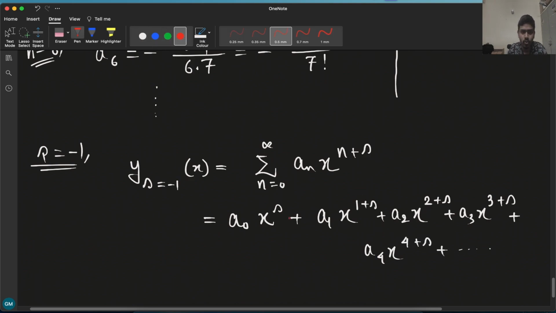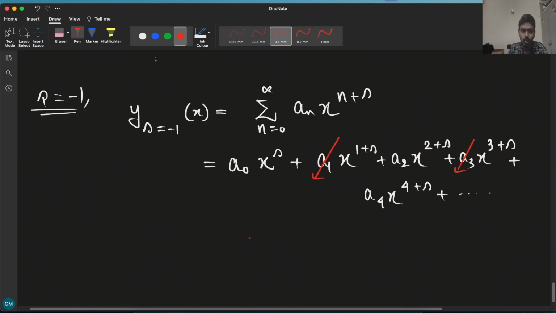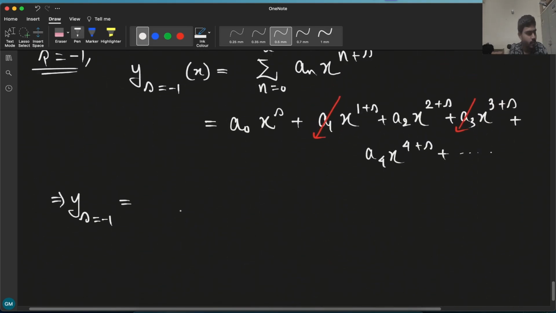We know that a1 equals 0 and a3 equals 0, and all the odd indexed terms are 0, so a5, a7, those all are 0. So we are left with y for s equals -1 equals, okay, so s is -1.